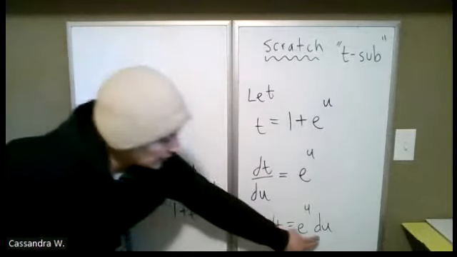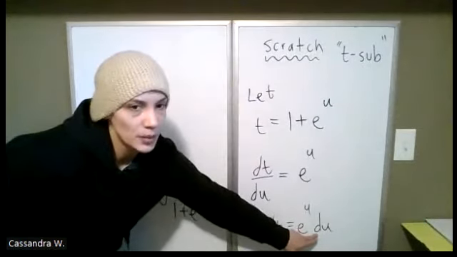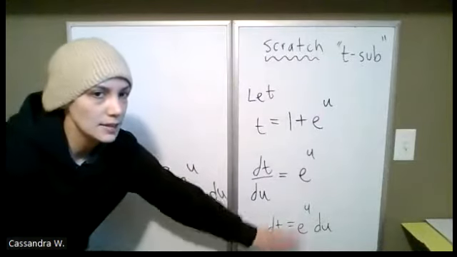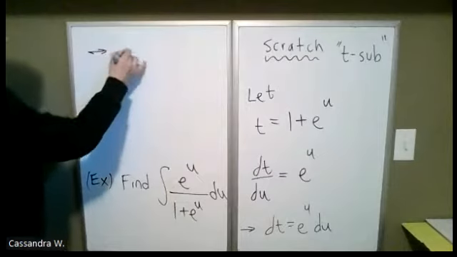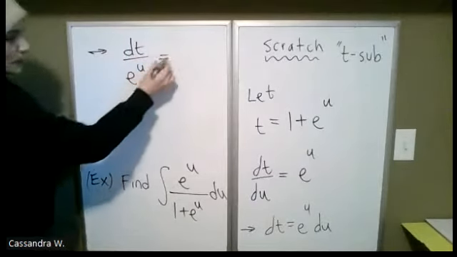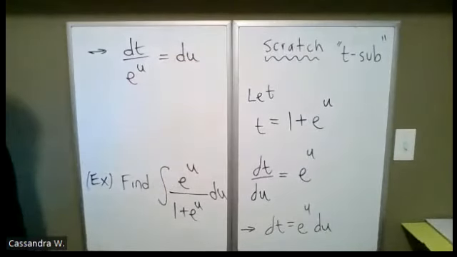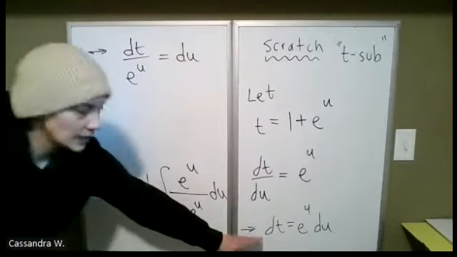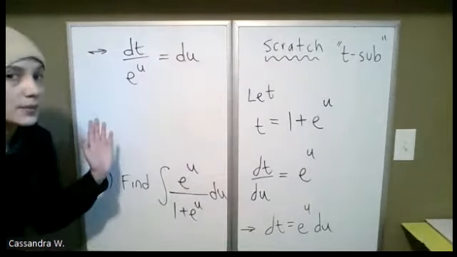And I'm trying to isolate this du, so I can replace it with dt over e to the u. So I just divide both sides by e to the u, and then we're going to rewrite our integral.